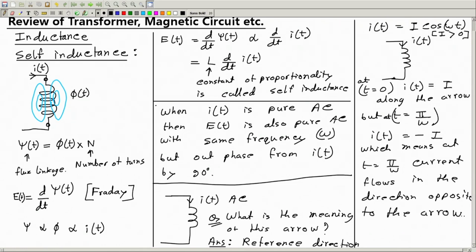So this is the meaning of this arrow in case of an AC. This is also maybe very obvious to you.